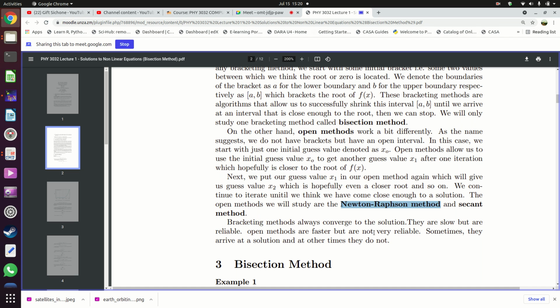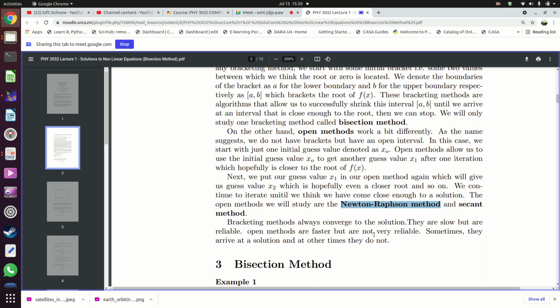When it comes to open methods, like the ones we're going to look at, the Newton-Raphson method and also the secant method, these can be fast. However, you might not always get the answer. So they're not very reliable, but they are fast when they work. When they give you an answer, they do it very fast.